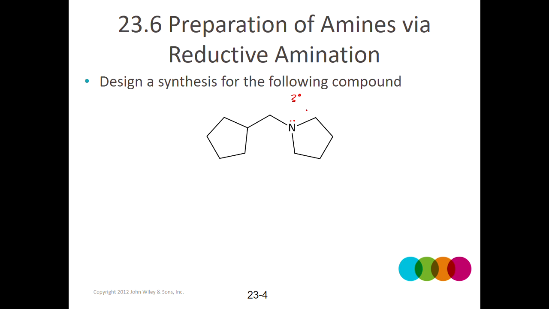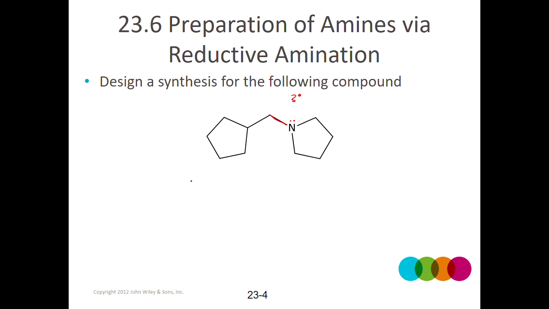If I have 3 R groups attached there, that makes it tertiary. And so that means I can really only connect 1 R group to the nitrogen at a time through the reductive amination reaction. So probably I would assume that these 2 R groups are already connected and that the ring was already there.